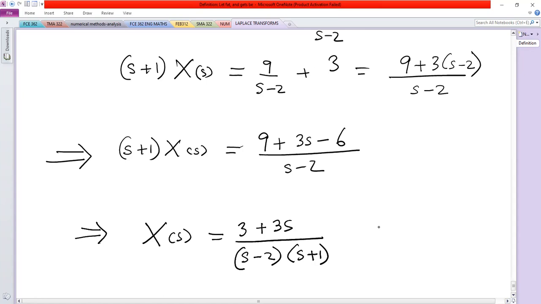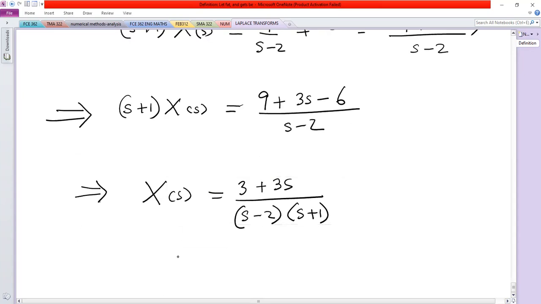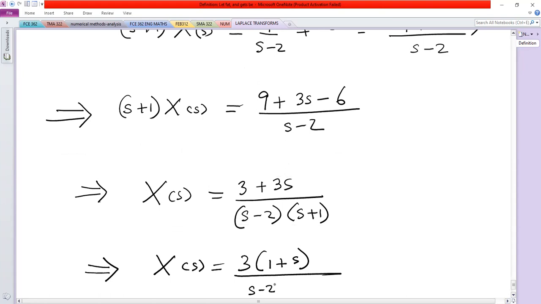Now, you should be able to see that the numerator can be factored as 3(1 plus s) over (s minus 2)(s plus 1). That is the same thing as saying 3(s plus 1) divided by (s minus 2) multiplied by (s plus 1).